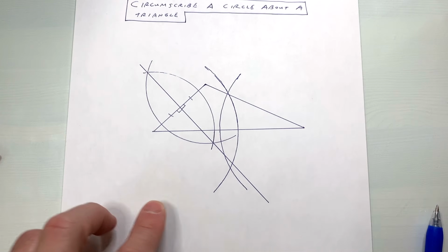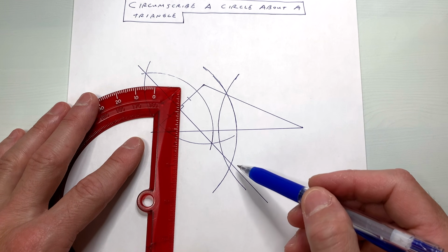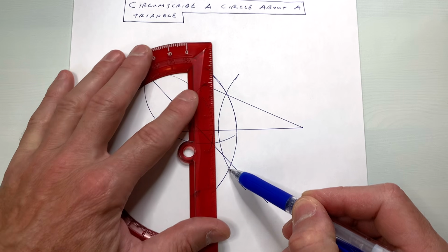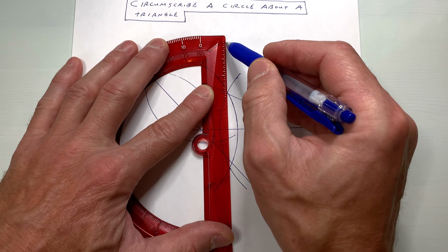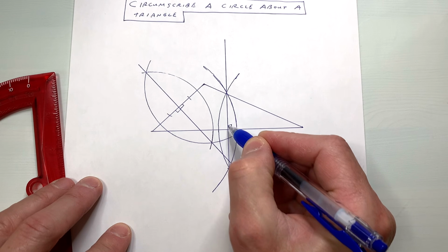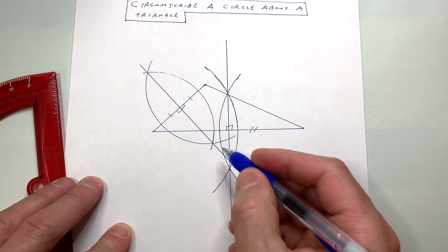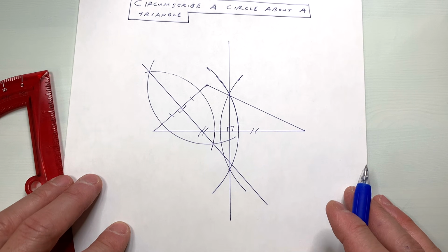And now we're going to use those 2 points of intersection, right here and right here, to draw our perpendicular bisector. So you can see that's at a right angle and it's cutting this segment over here in half. And let's just do one more.